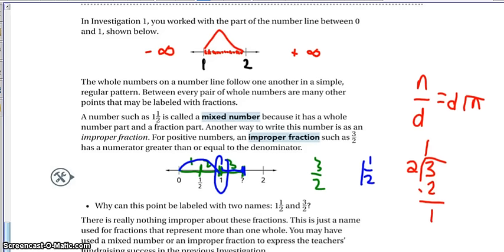And then to make it into a fraction, we take our remainder, which is our numerator, and we put it over our divisor, which is going to be our denominator. Okay, so that's one way.